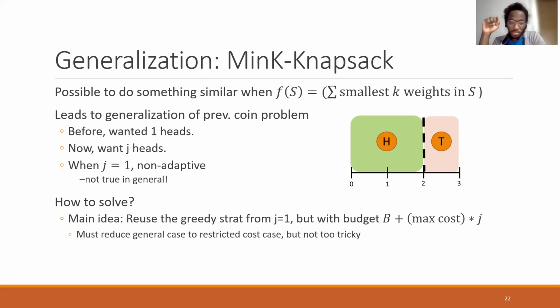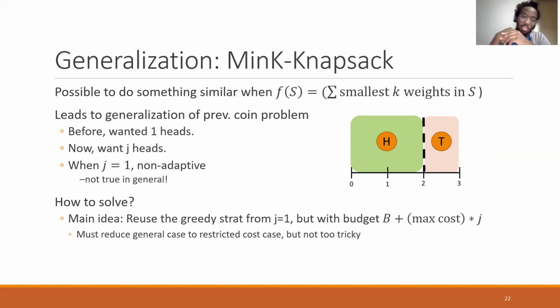So how do we go about solving this? Our main idea is to reuse the greedy strategy that we used when j is equal to 1, but now with an augmented budget. Instead of just the normal budget, we also give it enough money to buy j extra elements.